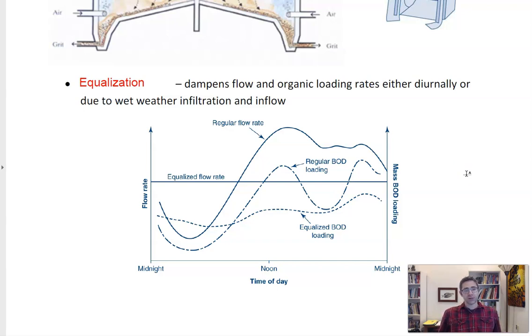You can also have equalization for wet weather flow. So some treatment facilities where it's very rainy might have large emergency storage ponds that they can put wastewater in when it's really wet, and then when it's drier they can start taking some of that through the treatment facility.